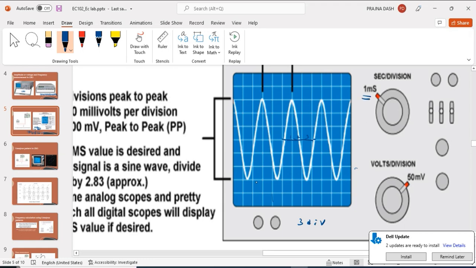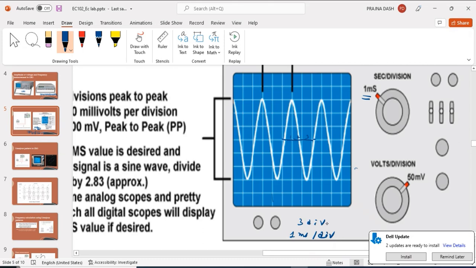It means this is 1 millisecond per division. So in this example, as per the setting of this knob, one division indicates 1 millisecond. So what is the overall time period? 3 divisions are there at 1 millisecond per division.